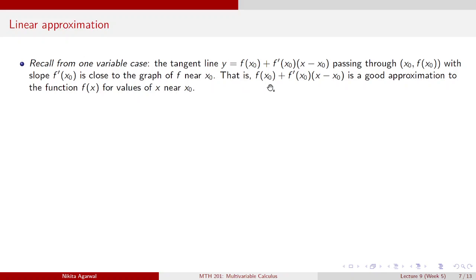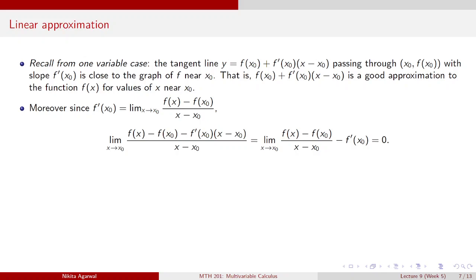That is, f(x0) plus f'(x0) times (x minus x0) is a good approximation to the function f(x) for values of x near x0. So close to x0, this tangent line is close to the graph of the function, right?